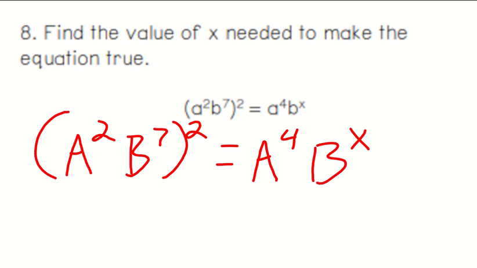All right, who thinks they can tell me what x equals? 14. All right, exponent of exponent, we would multiply, right? 2 times 2 made 4 for the A. 7 times 2, we got to make 14 for the B, right?